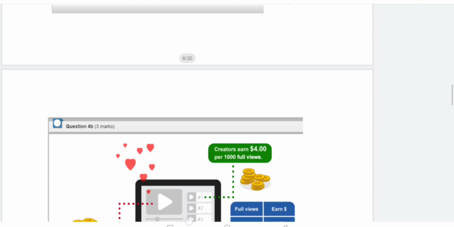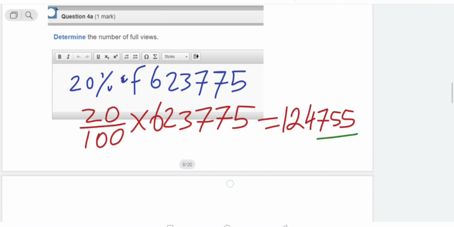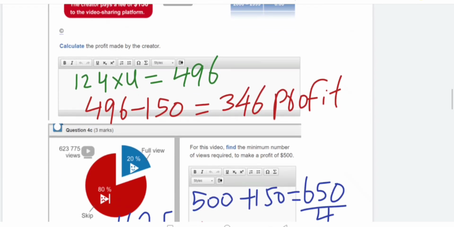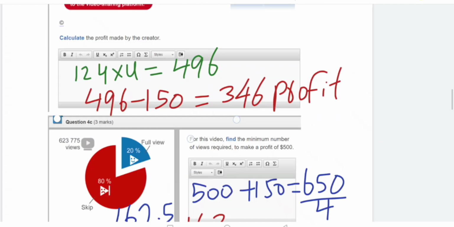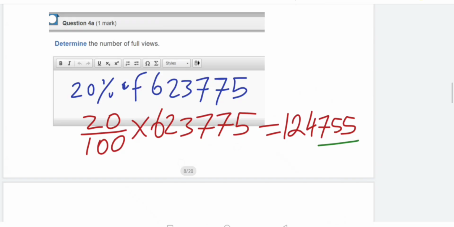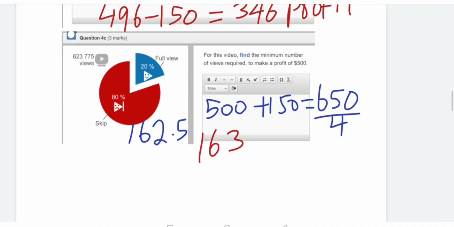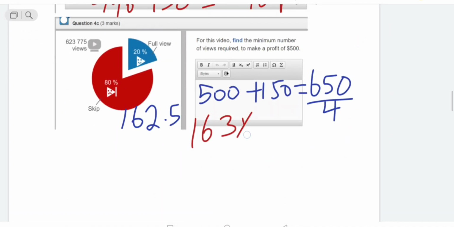Then you know what we did, because it is per 1,000, you can see here I removed this one because we need to divide by 1,000. When we divide by 1,000, we got that one. So here we will do the opposite, multiply by 1,000. Then divide by 20%, because before we multiplied by 20%.